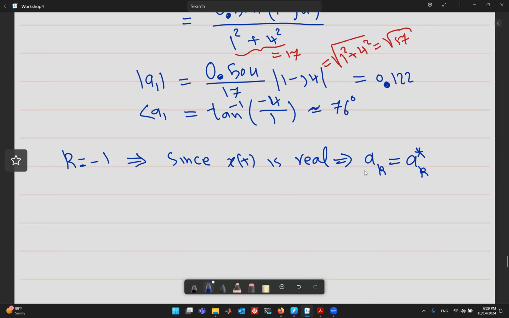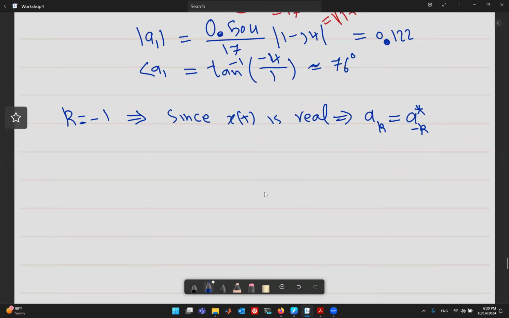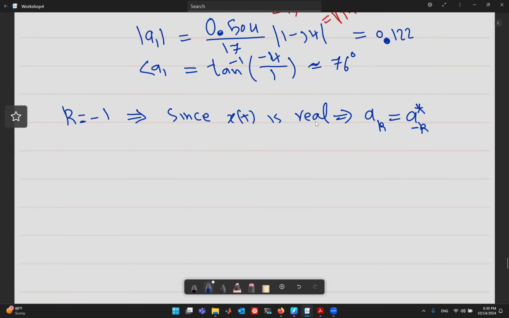So the magnitude of a_k and a_-k will be the same, but if we take the conjugate, then the phase will be just the negative of the phase. Let me write this. Since x(t) is real, we have this relation between the coefficients.